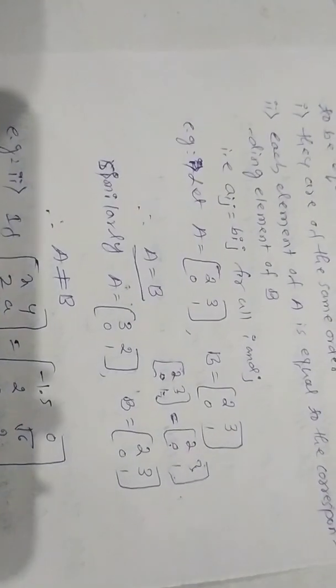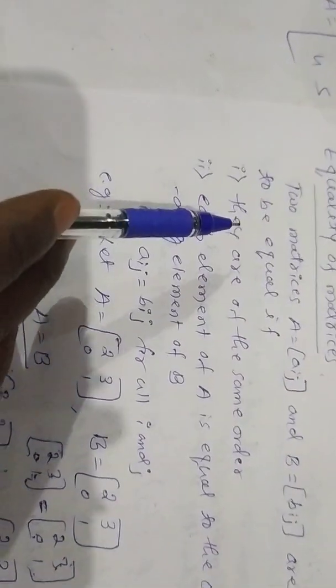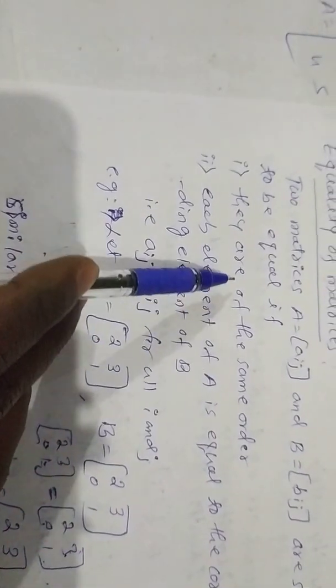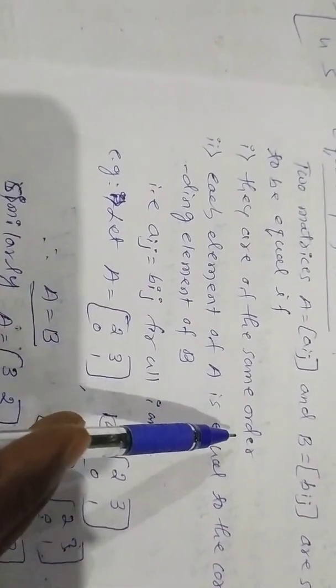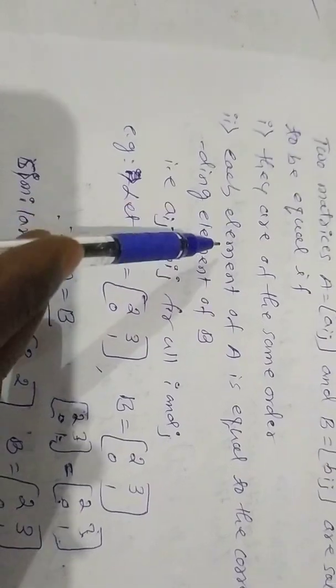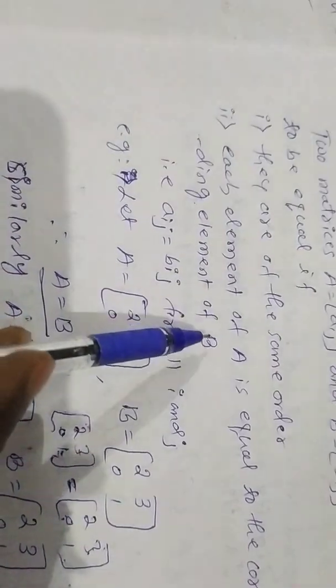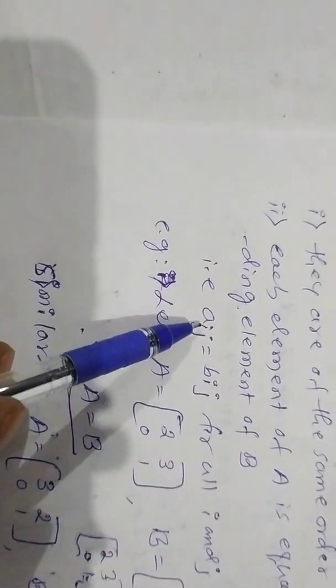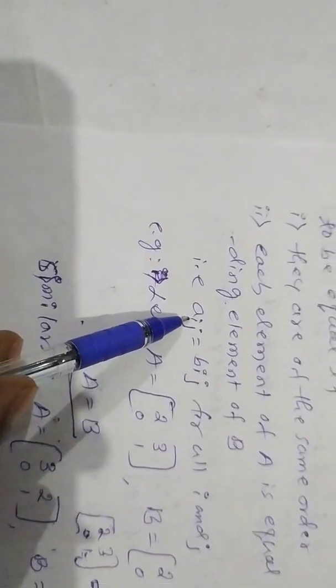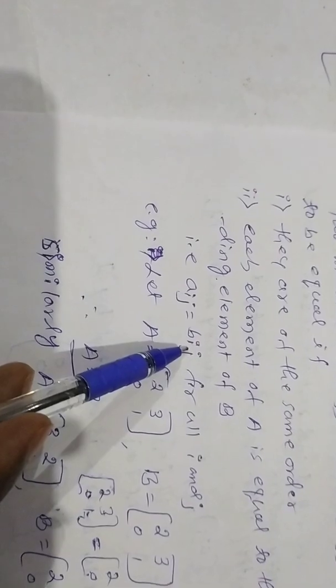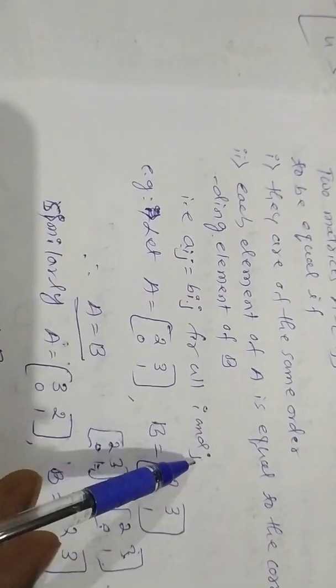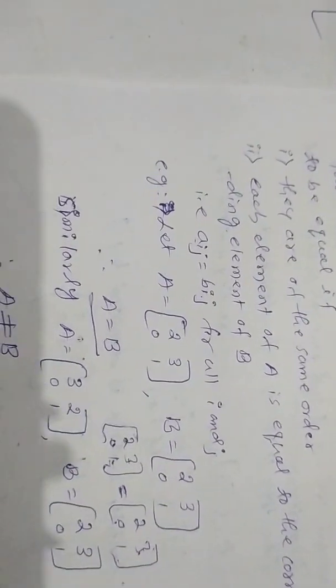For the equality of matrices, the conditions are that the two matrices are of the same order, and each element of A is equal to the corresponding element of B. If Aij is one element of matrix A and Bij is the corresponding element of matrix B, when both elements are equal for all i and j, then we say that two matrices are equal.